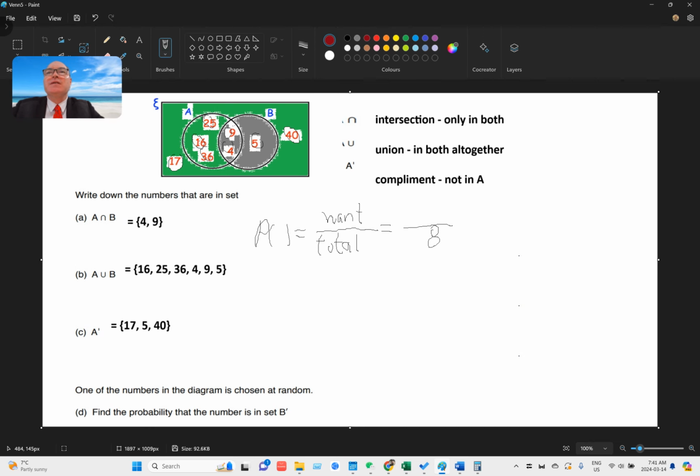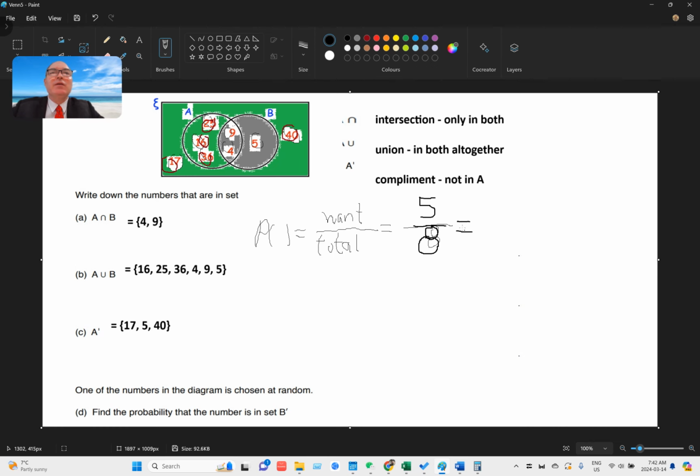Brush. So we want the ones that are in green. So 1, 2, 3, 4, 5. Nice. Change this over here. So 5. Well, that's our probability of, if we randomly choose a number, that's going to be one that's in the complement of B.